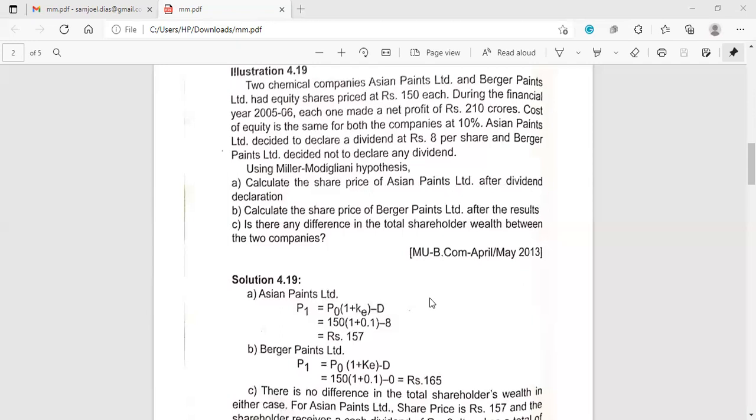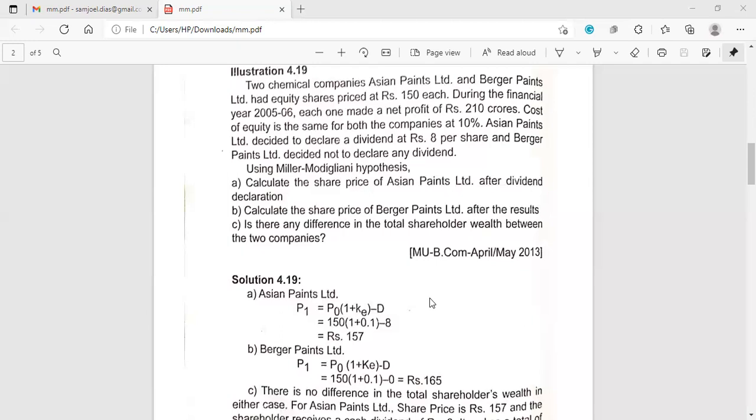The formula is P1 is equal to P0 into 1 plus KE minus D. And the problem says that Asian Paints is declaring dividend, and Berger Paints is not declaring any dividend. So Asian Paints is giving away its profit, but Berger Paints is not.